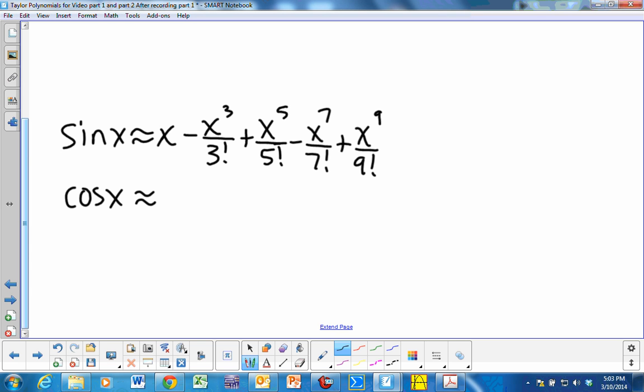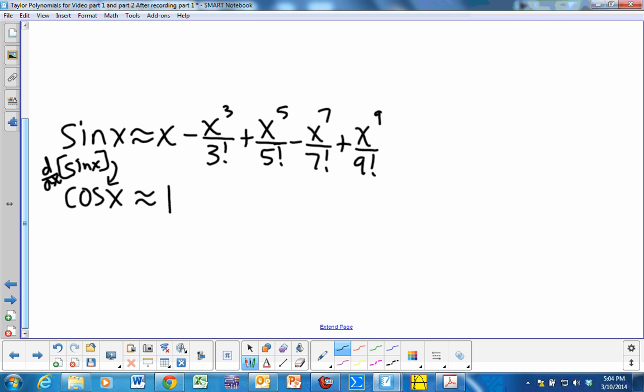So all we have to do is take the derivative of each of these terms, and we get the Maclaurin polynomial for cosine. Because we notice that the derivative of sine is going to equal cosine, we're just going to take the derivative of all of the terms over here.